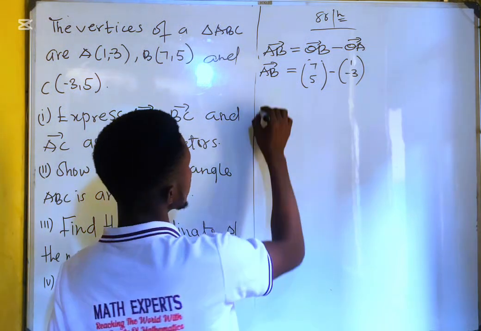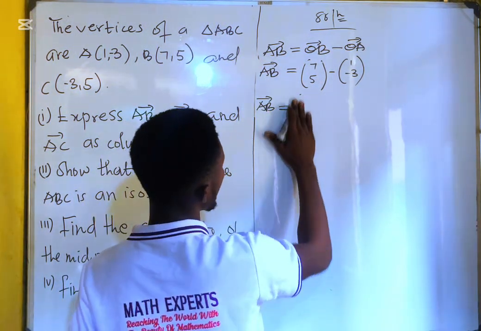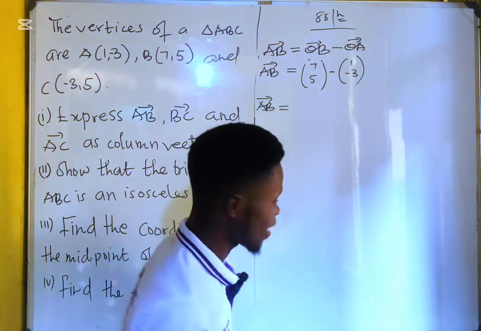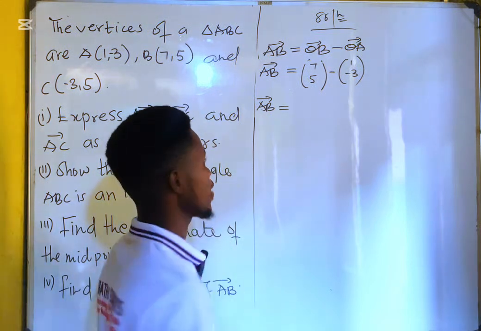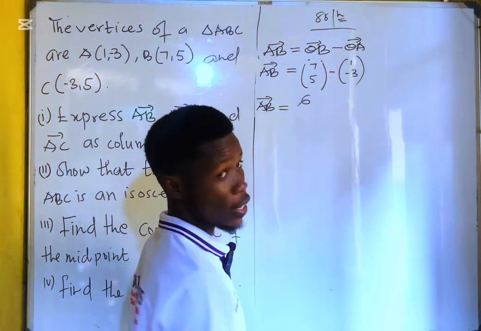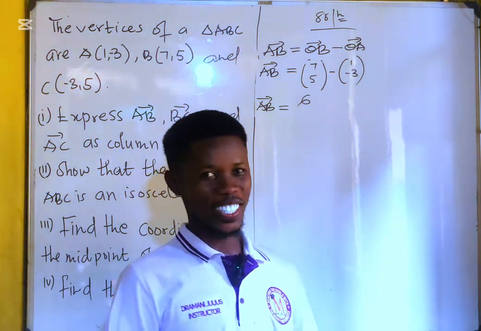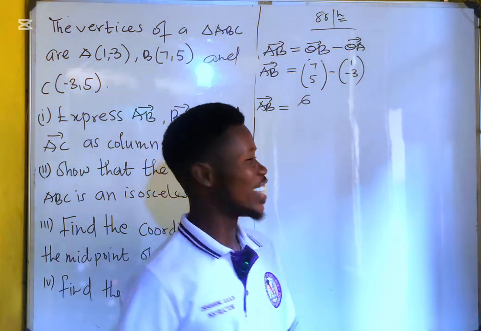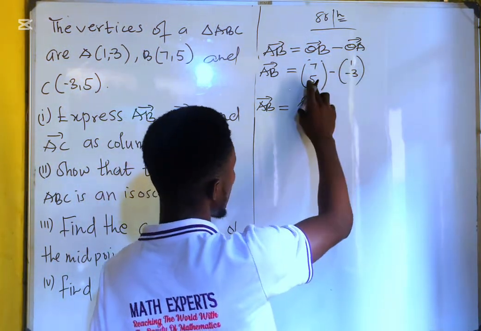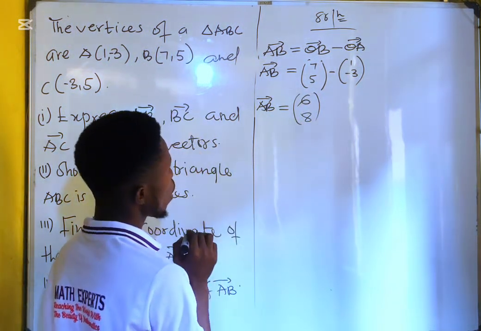Is that okay? So AB, 7 minus 1, we all know is 6, right? Yes. Even if you tell your sister in class 1, you tell her is 6. I won't say it more. 5 minus negative 3, well, yeah. If you're in Nigeria or in another country, negative times negative is positive. So 3 plus 5 gives you 8. So that is for AB.